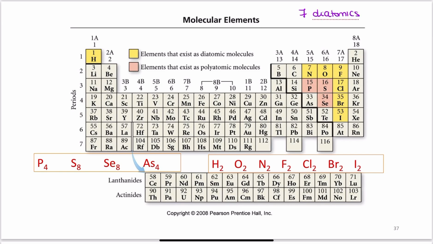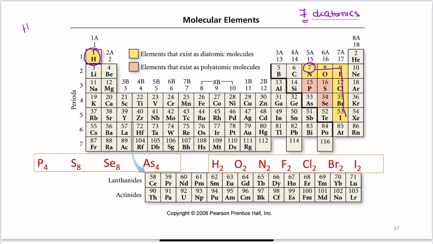Some people remember this term Brinclhof. That's what some people have memorized as a mnemonic. Some people remember have no fear of ice cold beer. That's fine as well. What I do is I remember that I have 7 of them. It is starting at the number 7 for atomic number, and I form a 7. That incorporates 6 of my 7 elements, and then I have to remember hydrogen over here.